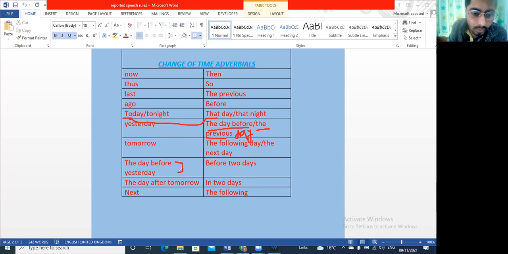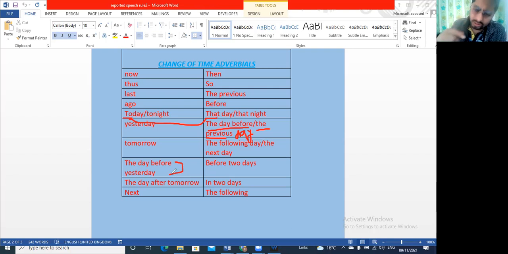Before yesterday, one day, one plus one, how many days will be there in total? Two days before. Yesterday was one day before, and for the day before yesterday, count one more. Before two days.